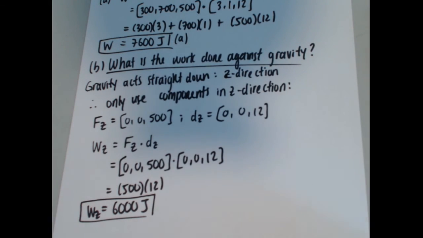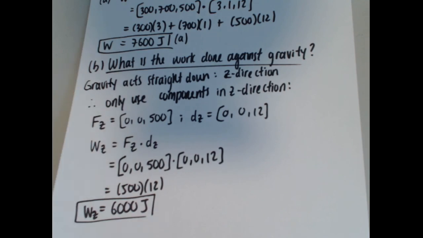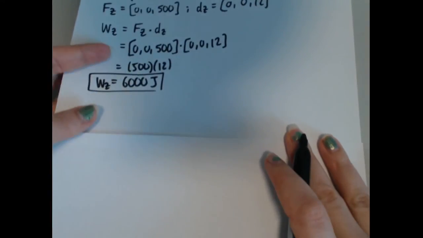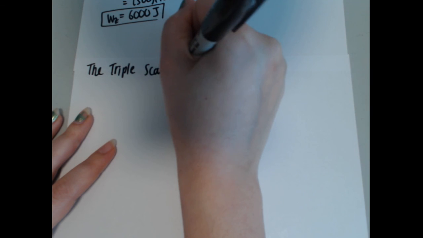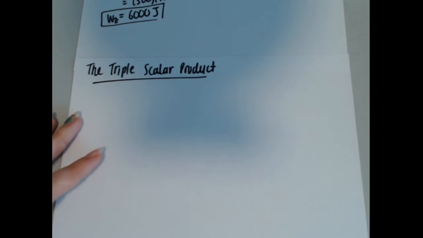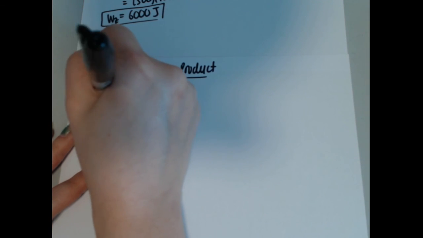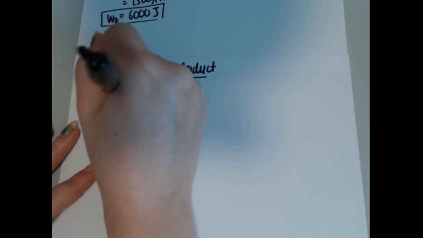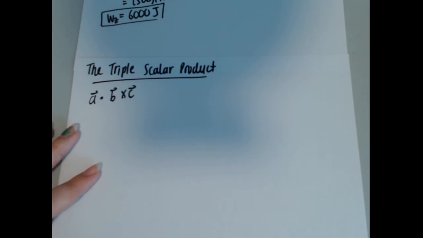We only have one more topic to cover, and that is something called the triple scalar product. Okay. The triple scalar product, really, it's just this. It's one vector dotted with the cross product of 2 other vectors.